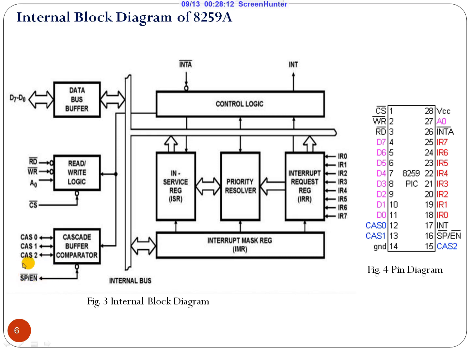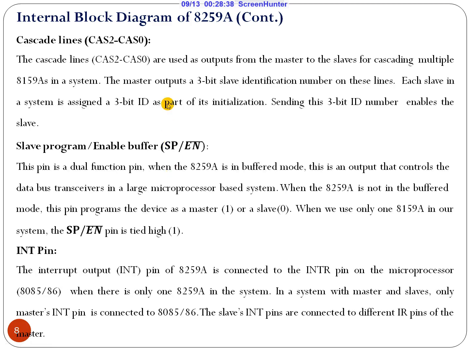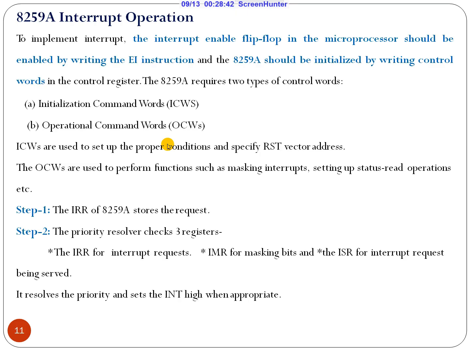Whether the particular system is used as a slave or a master is controlled by this particular pin. If it is going to be a slave, then this pin is given as 1, or if it is 0, then it acts as a data buffer. So this is how the internal block diagram of 8259 will work.